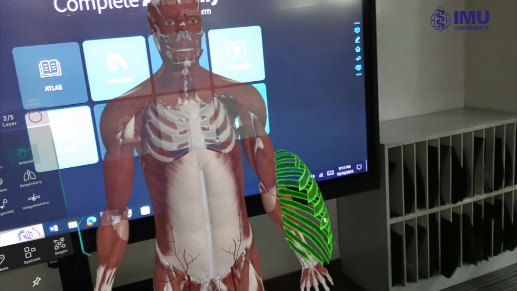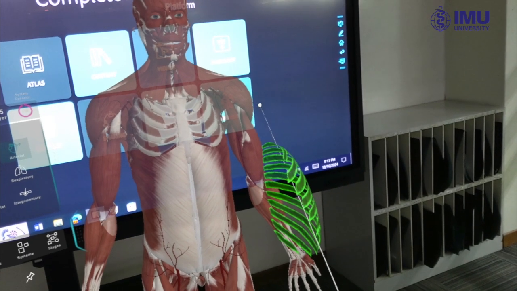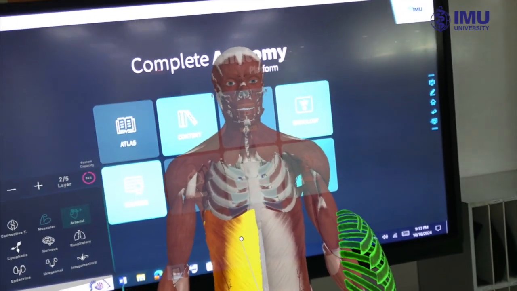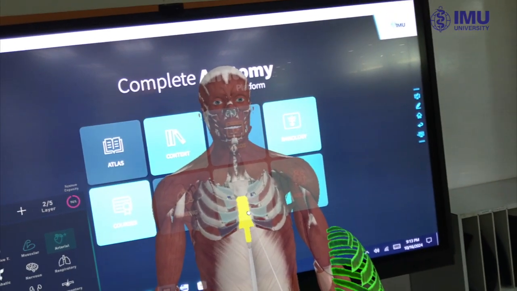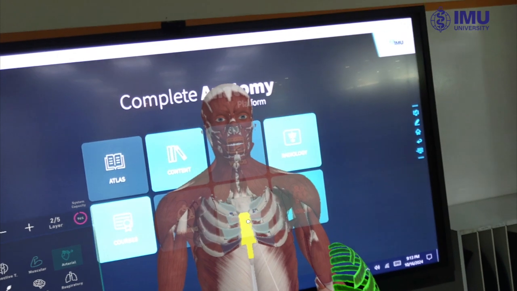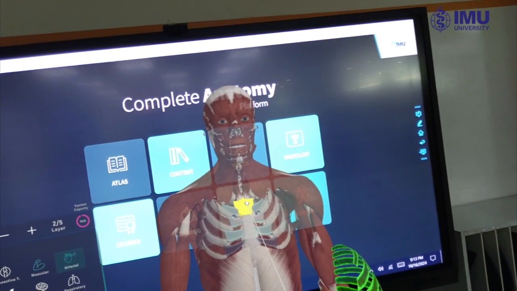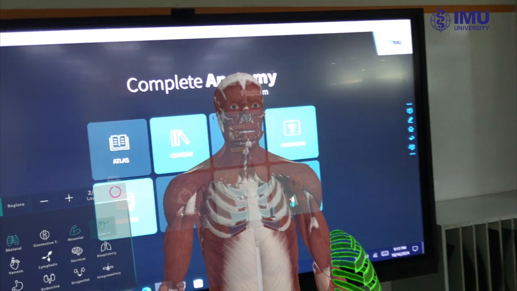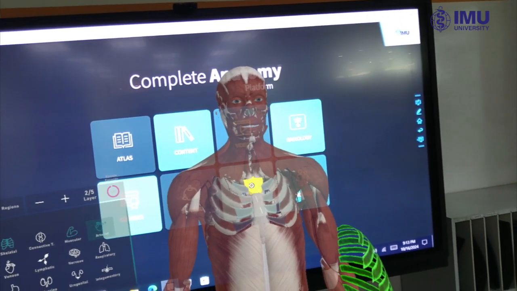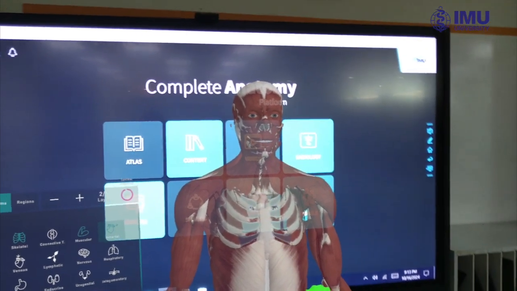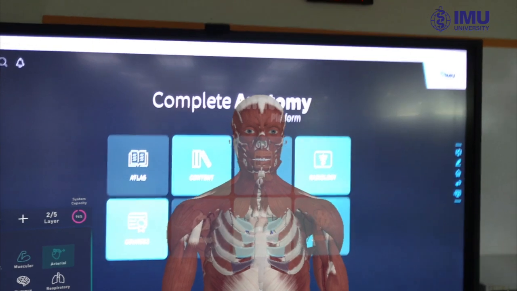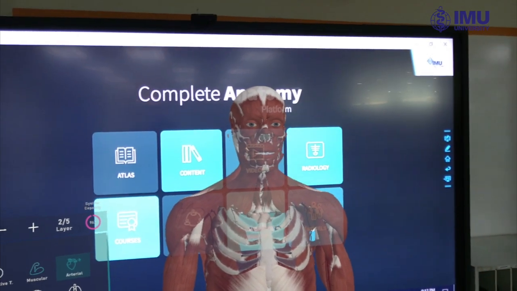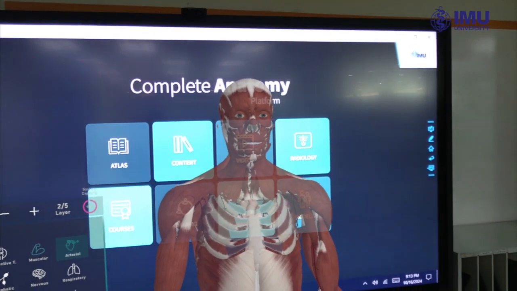Now maybe I can see the sternum here, body, xiphoid process, manubrium. So I remove the manubrium. We can see the aorta inside, ascending aorta and arch of the aorta view.